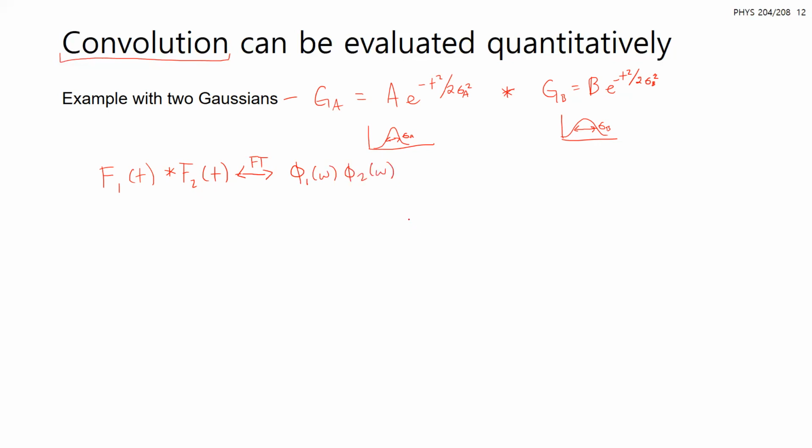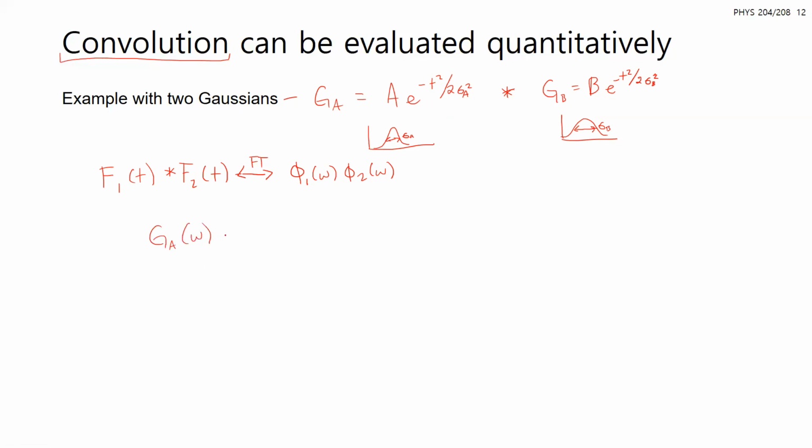So it's going to be much easier if we take the Fourier transform of these Gaussian functions and take their product instead. So if we want to do that, do you guys remember what the Fourier transform is for a Gaussian function? Another Gaussian. Yeah. So we can do that with a different width. So I'm going to quantitatively write what the Fourier transform of these is, and we're going to ignore the amplitude just to keep this simple.